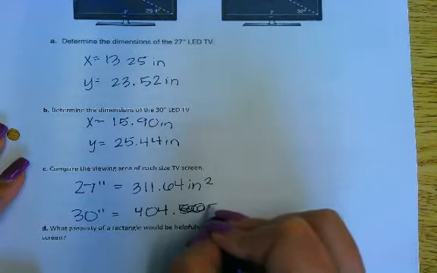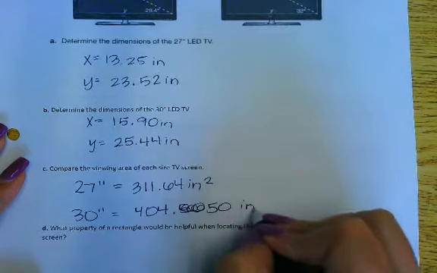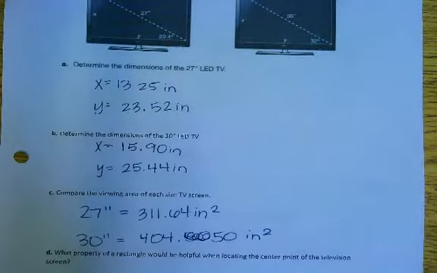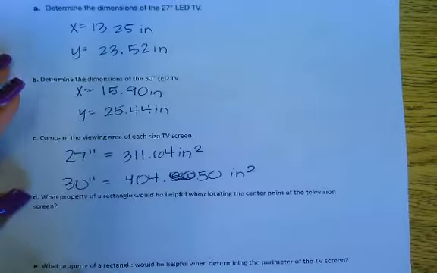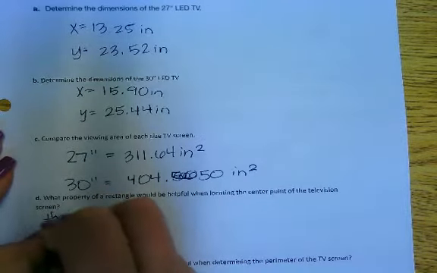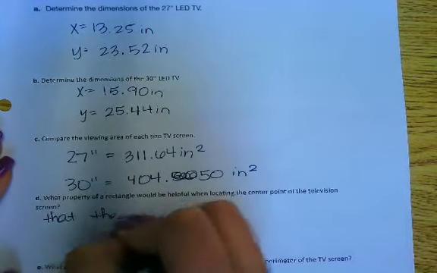Okay, very good. So obviously, the bigger the diagonal, the bigger the TV and the viewing area gets. Okay. What property of a rectangle would be helpful when locating the center point of a television screen? Very good, that the diagonals bisect each other, because they will bisect at the center.